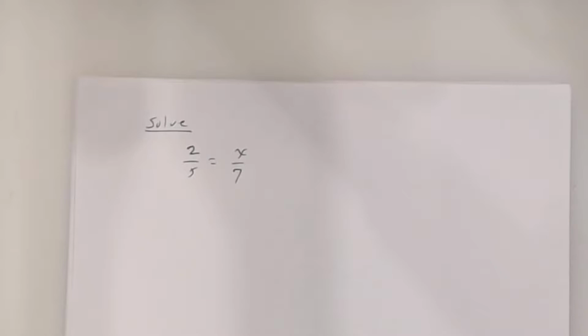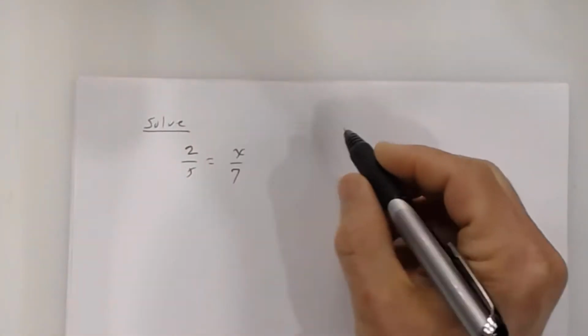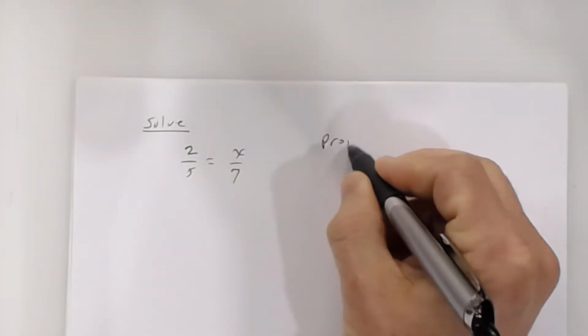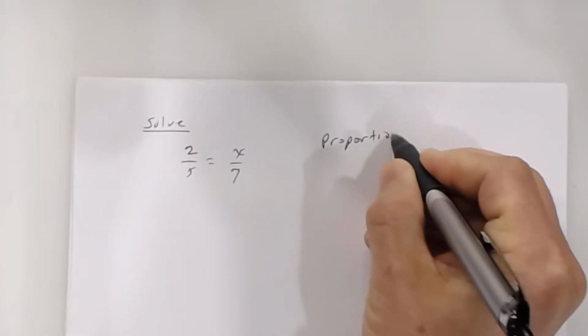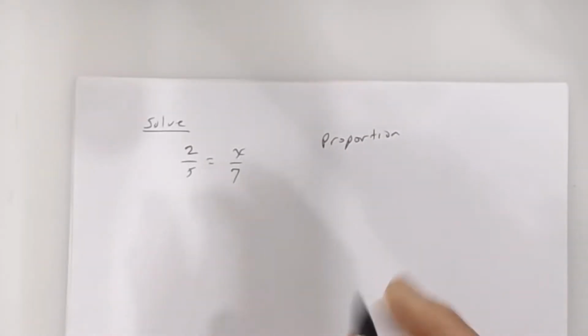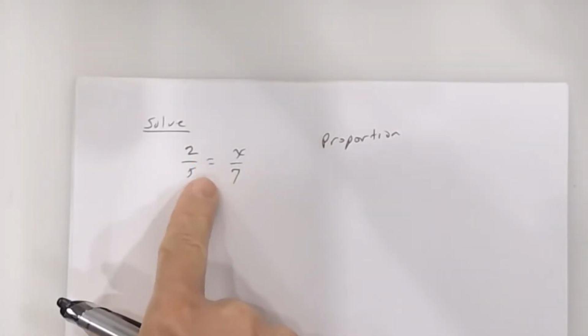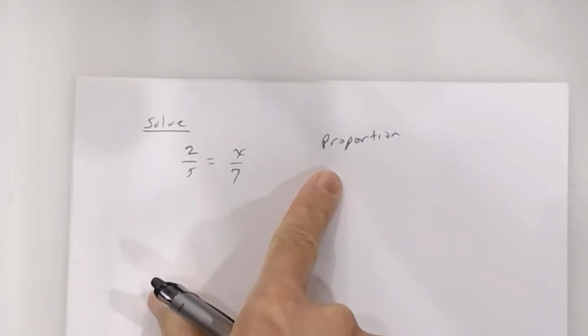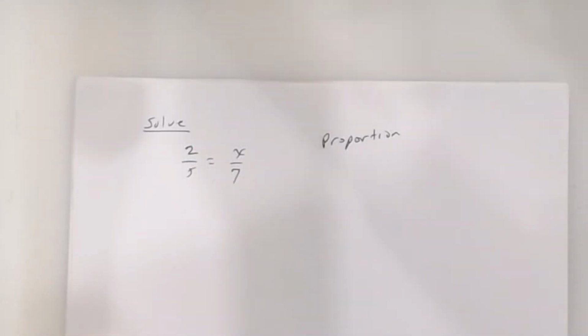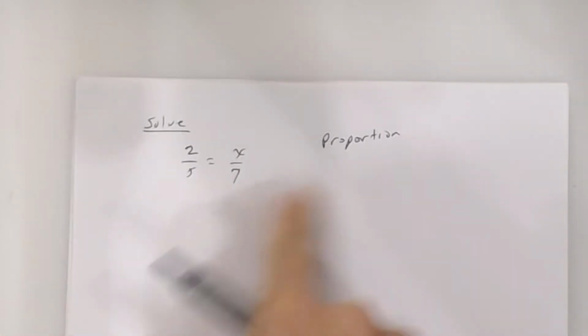So what else could you have done with this? Cross multiply. You can cross multiply because you have a proportion. A proportion is where you have one fraction equal to one fraction. Now that cross multiplication only applies if it's a proportion. What you had in your first test where you had to find the LCD, those are not proportions, so you couldn't do this.